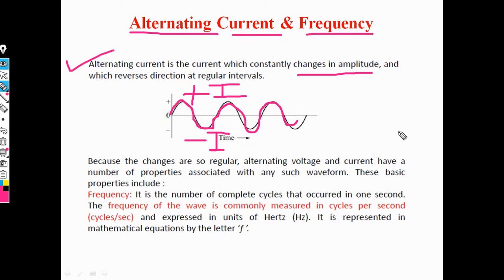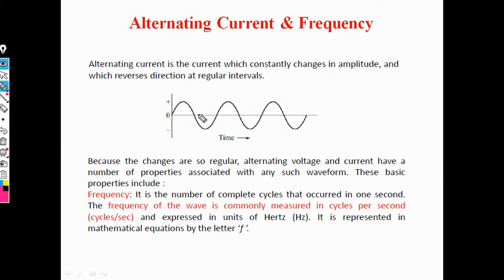Then frequency. Frequency is the reciprocal of time: f is equal to 1 upon T. Frequency is the number of complete cycles in 1 second. This is one cycle, this is the second cycle, and this is the third cycle.